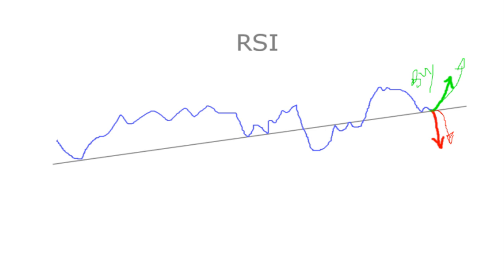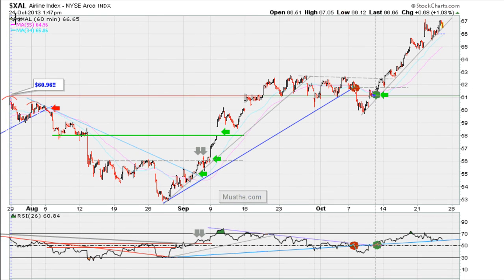So let's take a look at a current example here so we can see what we are talking about. Now this is a 60-minute chart for the airline index. Very simple. You'll notice that this blue line happens to be support. So take this low here and this double bottom here. They establish a straight line.